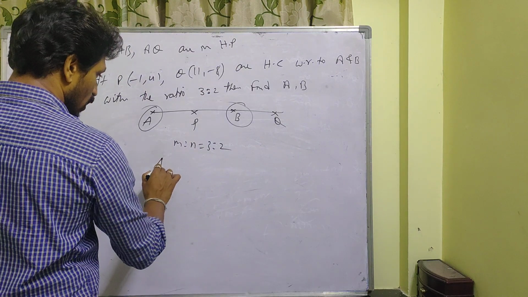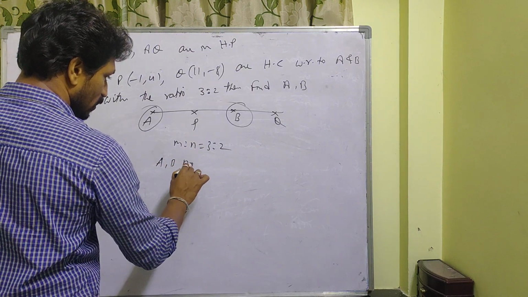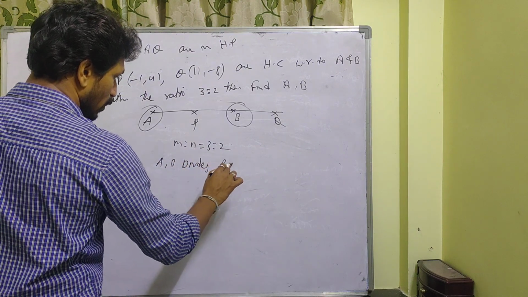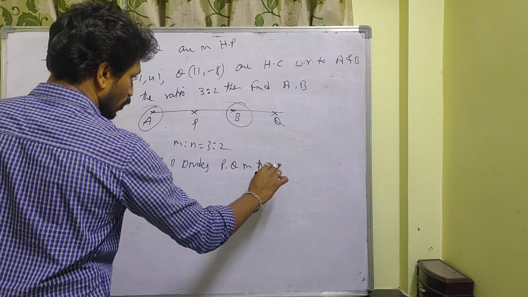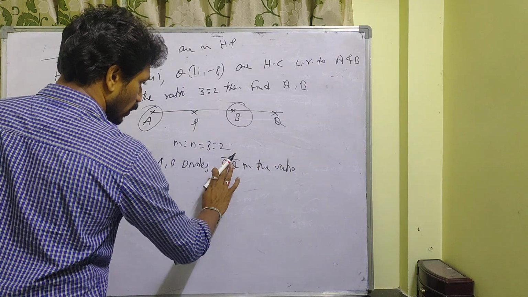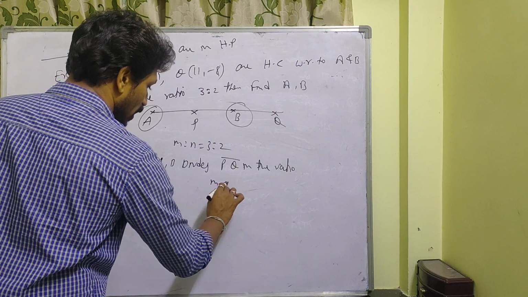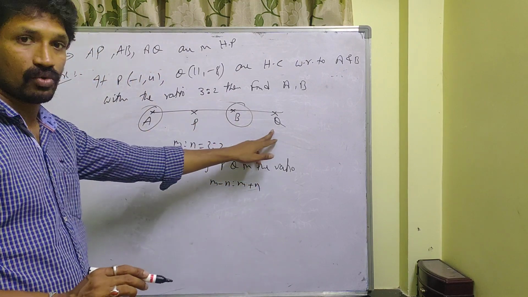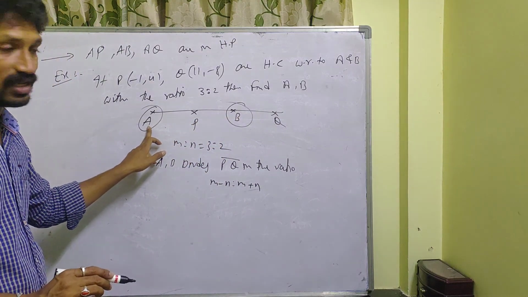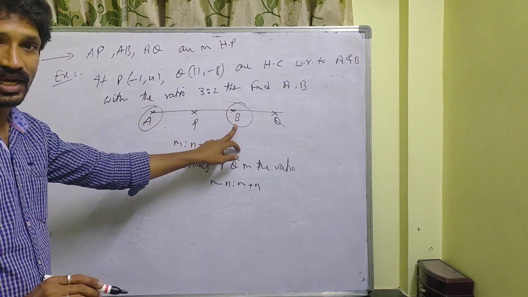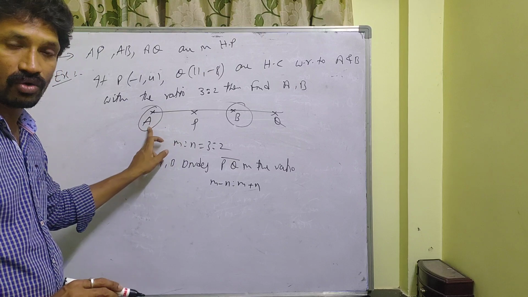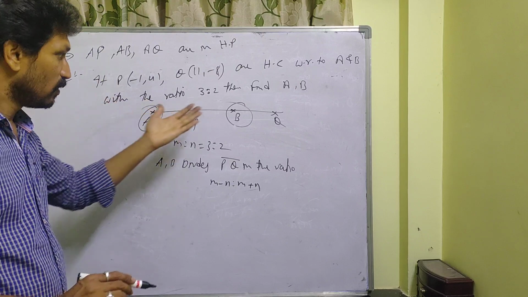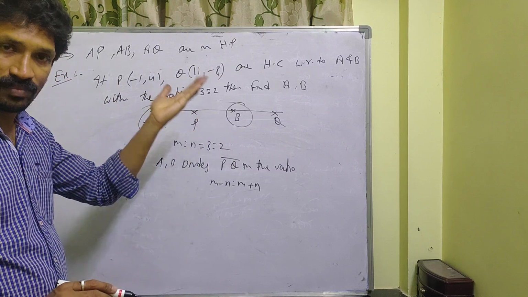Okay, then A comma B divides PQ in the ratio m minus n is to m plus n. A will be, for the PQ, A will be externally and B will be internally. For externally we have to use the formula minus, for internally we have to use the formula plus.